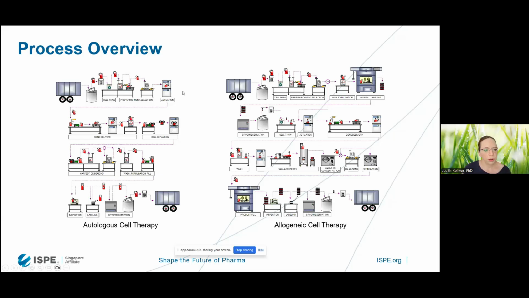And then we would go into an activation step, because that's what we have been discussing usually then on the next process day, that we activate our cells usually with beads to make sure that they, again, have the phenotype that we really require. Afterwards, we would consider a genetic modification step where, of course, we have different possibilities, different delivery routes. We will come to that in a moment, to create the target cells based on the cells that we now have.